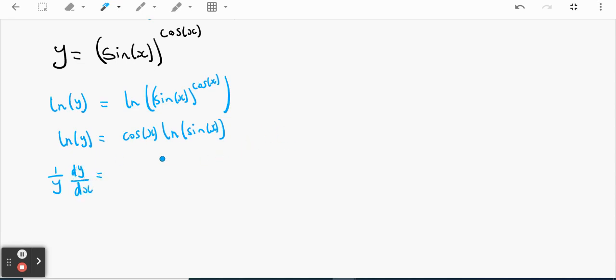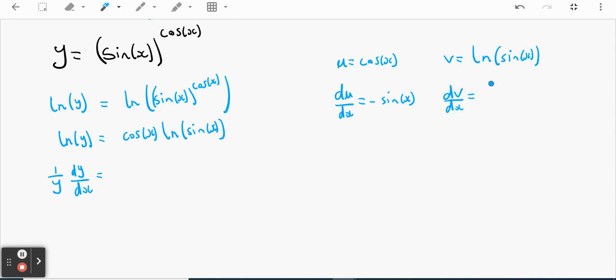The right-hand side is a product, so we have u equals cos of x, and we have v equals ln of sine x. Okay, and then we have du/dx equals minus sine x. And then we have dv/dx, and that's going to be a chain.